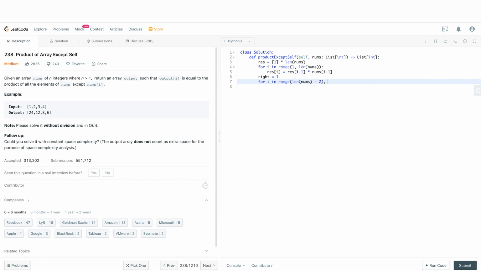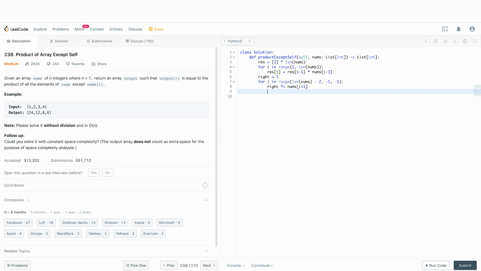And then we're going to go backwards, so -1, -1. And then remember the right one. We want to multiply it by the index plus 1 of the input array. So right equals right times nums i plus 1. So we're going to multiply by ourselves like that.